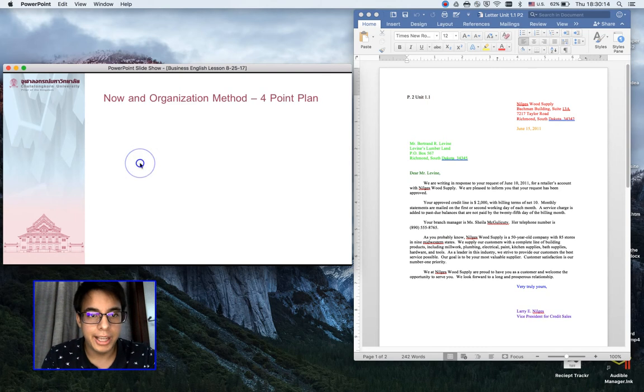Today we're going to be talking about the organization method of writing a business letter, and the first one we introduced is the 4-point plan. The 4-point plan is a general guideline that can apply to most situations. If you get this on a test prompt, you can easily apply the 4-point plan model, as well as to other general business correspondence that you may have to do in your professional life.